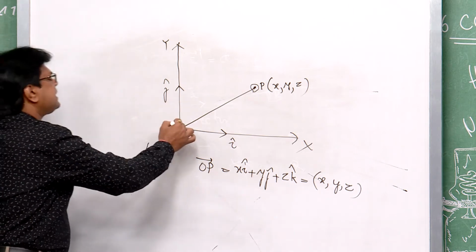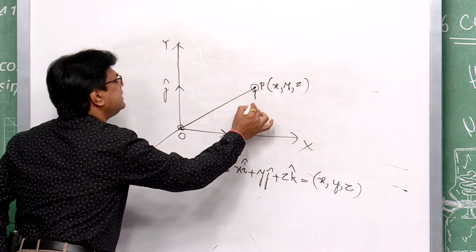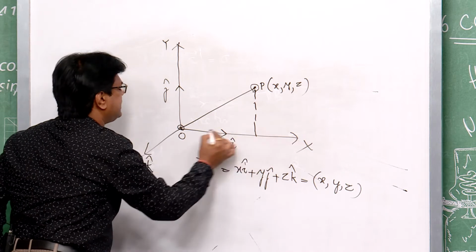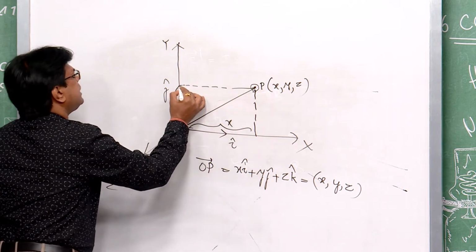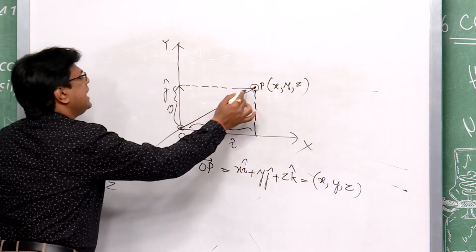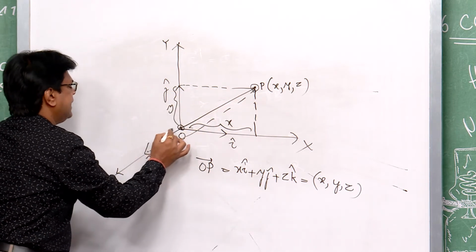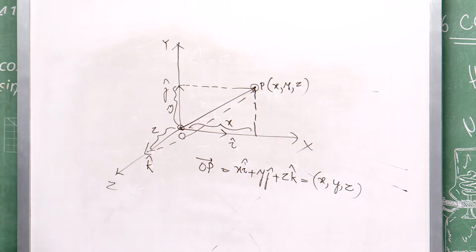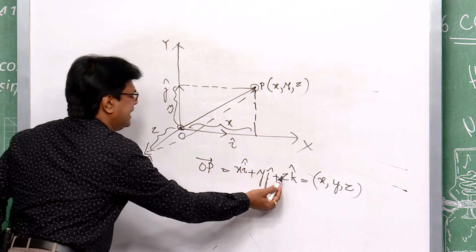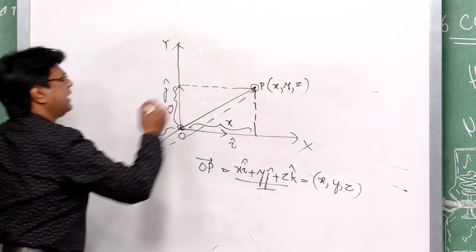This line makes some projection on the x axis. Suppose this is x, and another projection is y and this is z. So, these components of that vector are x, y and z. So, this is your position vector.